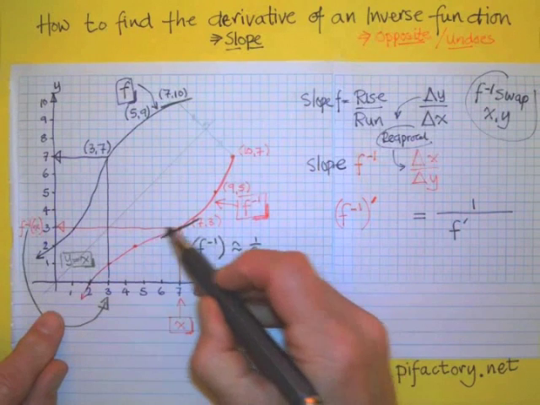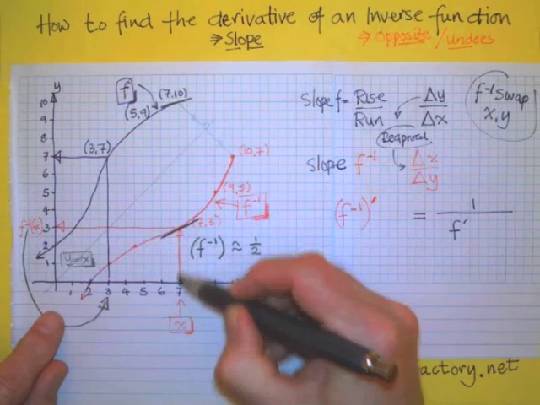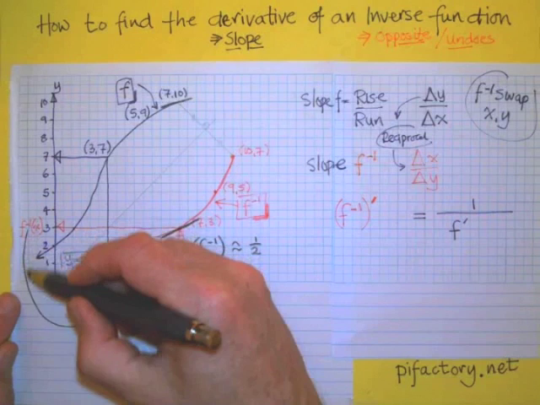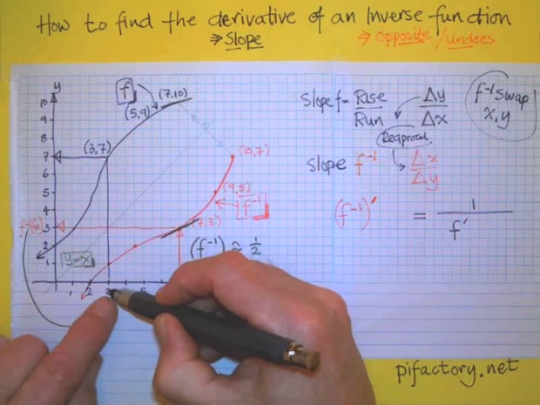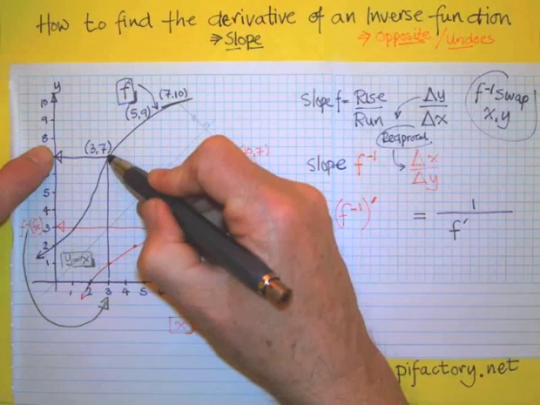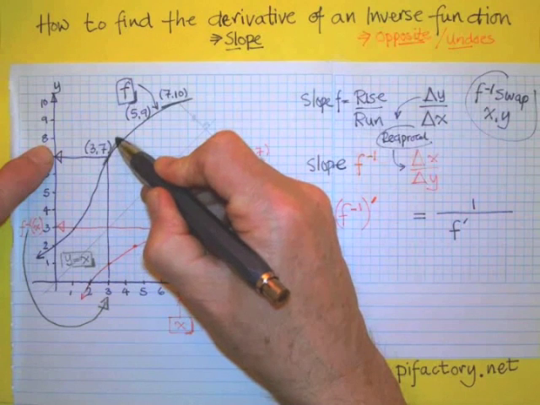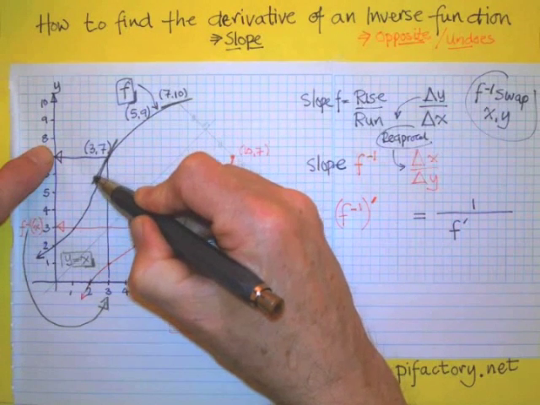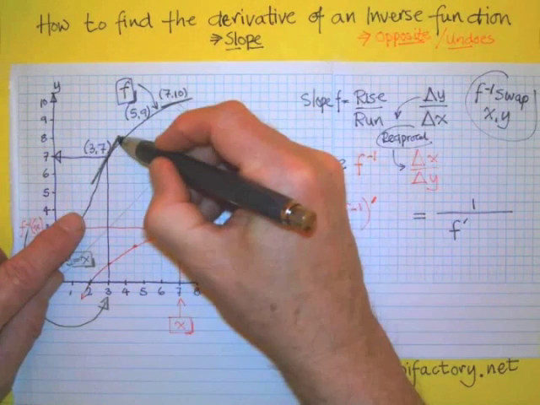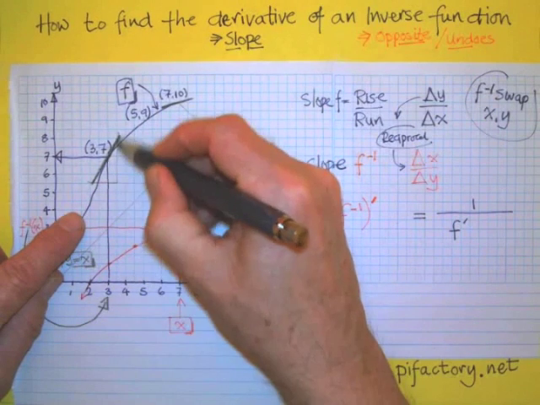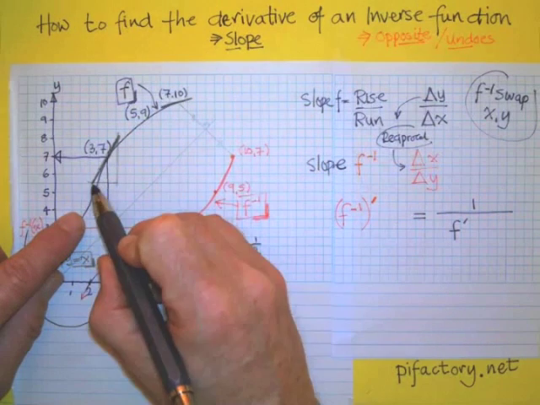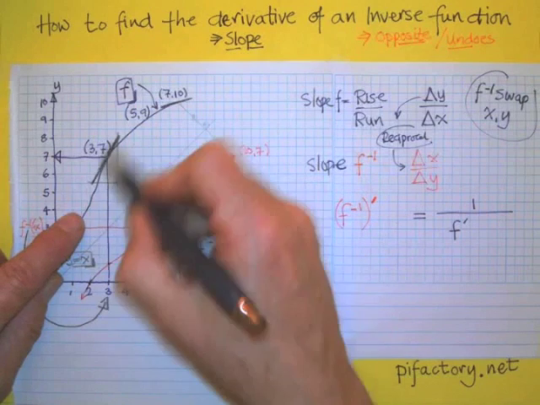But what did we just look at? We said that if we come across here, input of x here, we get an output. Take that output of the inverse f, bring it in, make it the input for our original f, and we get the undoing process. Now, if we sketch in here a tangent line at this point, and then look at the slope here, we're getting 1, 2, 3, 4, 4 and a bit, 1, 2, 2 and a bit.